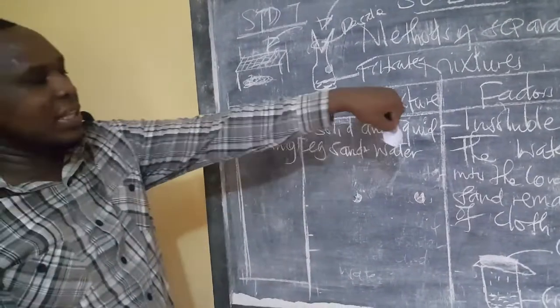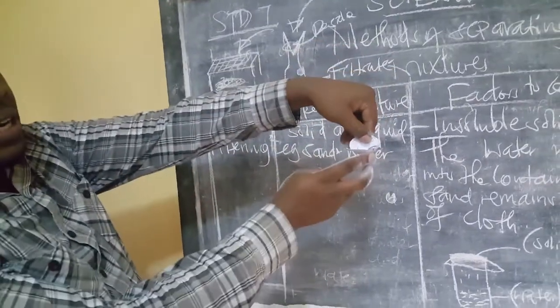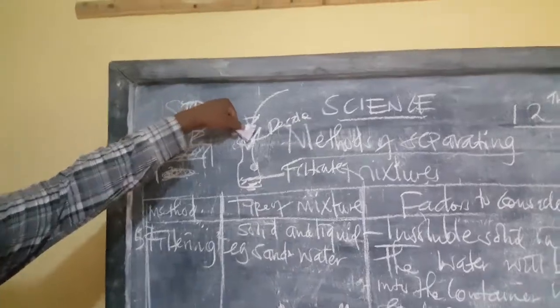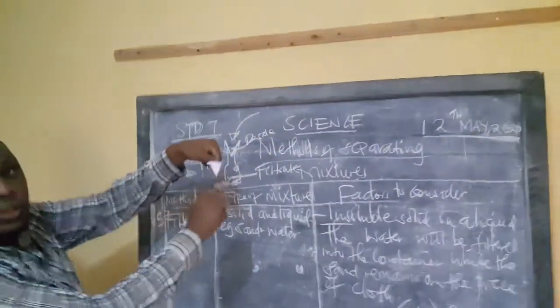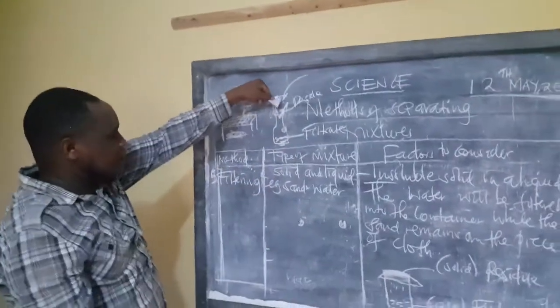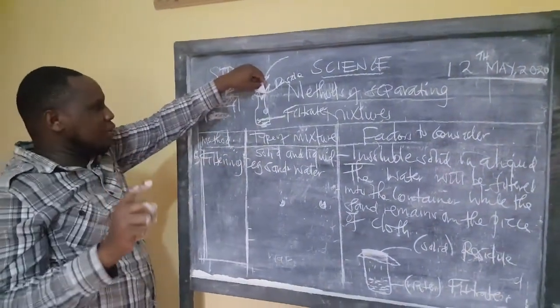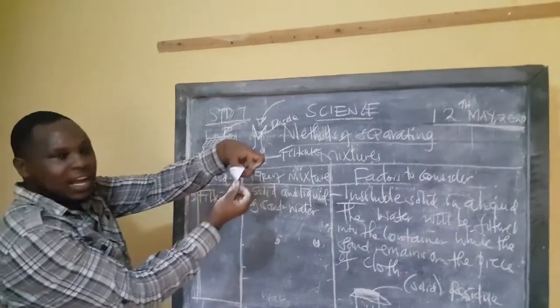You open it like this. You can see my filter paper, a funnel. So you place it now here, like this. Ensure you pour some water, then place it in the bottle like this. Then pour your materials. But you must be very cautious that you don't make a hole here.